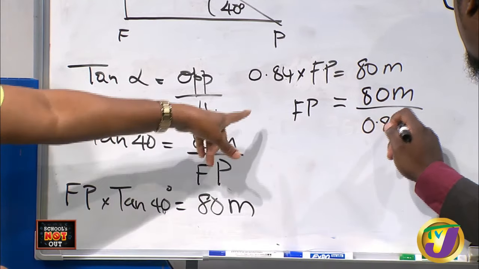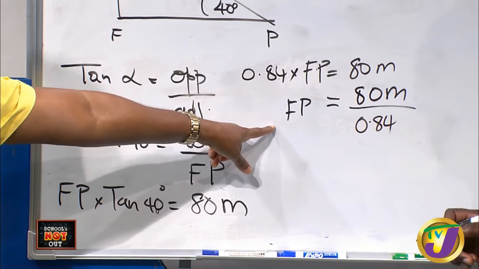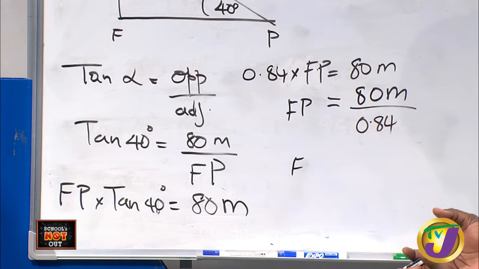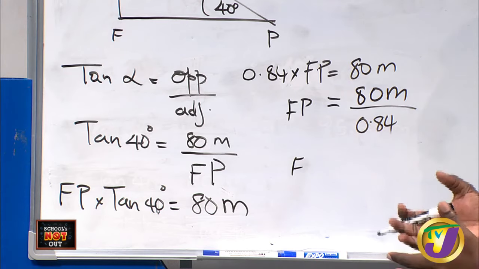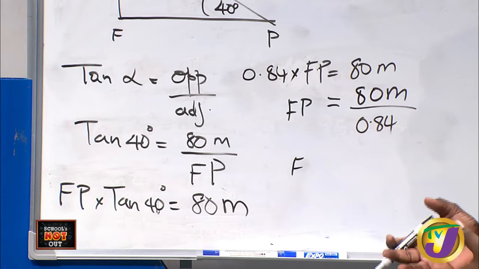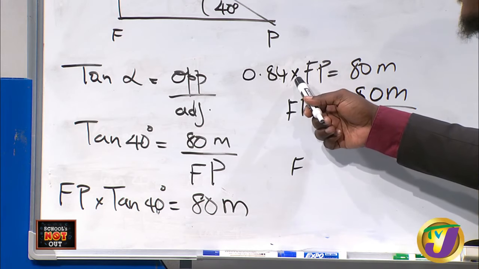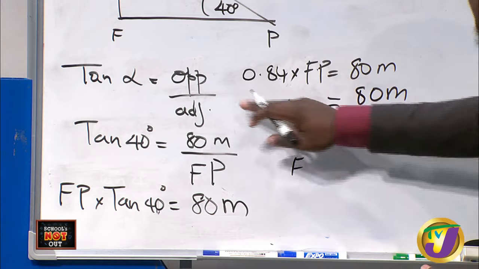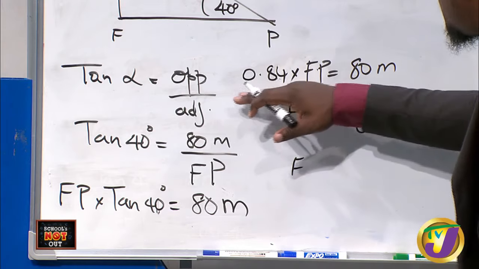How did we get FP by itself on this side? What operation did we use? When we are transposing, it's always the opposite or inverse operation that we use. The reverse operation for multiply is divide. So I divide both sides by 0.84.